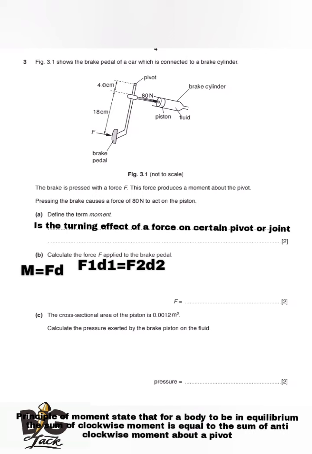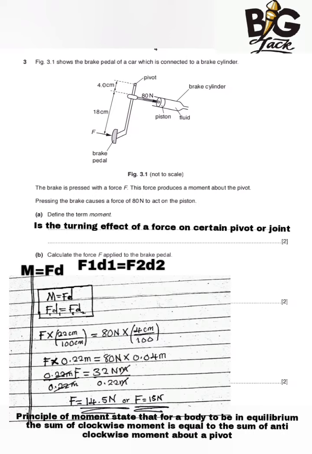We are calculating force F, which we don't have, multiplied by the distance from the pivot. The distance from the pivot is 22 centimeters. Here you need to convert centimeters into meters.